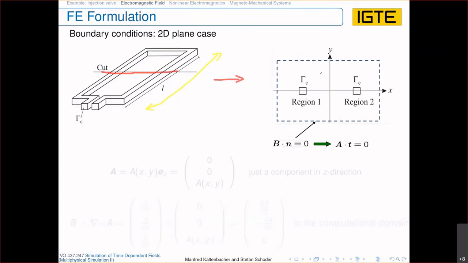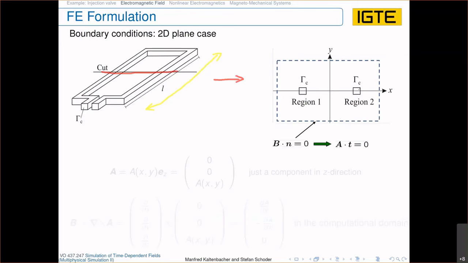In this cross section, we have in region 1 the one conductor of this winding going into the plane, and on the other hand, this conductor is shown where the current is, for example, going out of the plane.